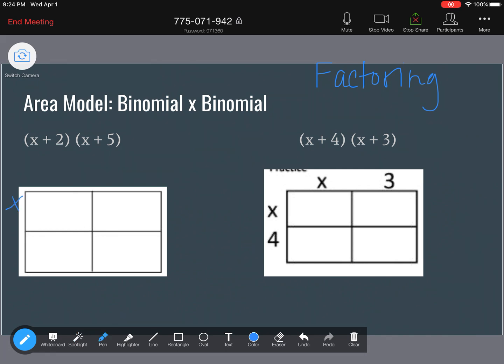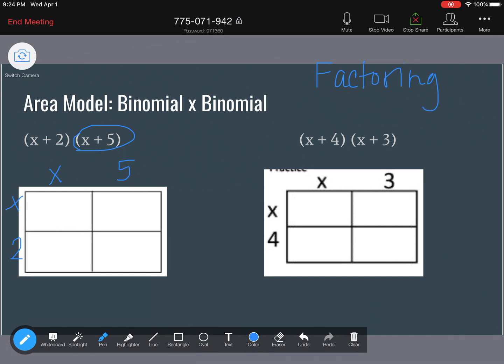There's an x. Our 2 is positive, so we just write 2. And then we're going to take the other binomial, the x plus 5, and write it on the top: x, and then the 5 is positive, so we just write 5.